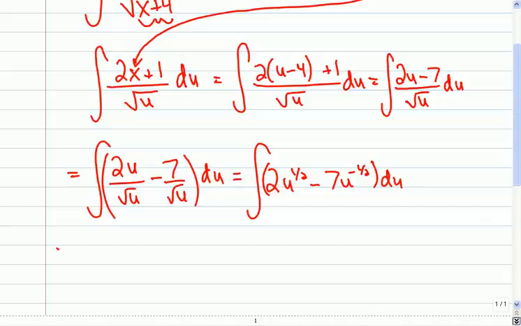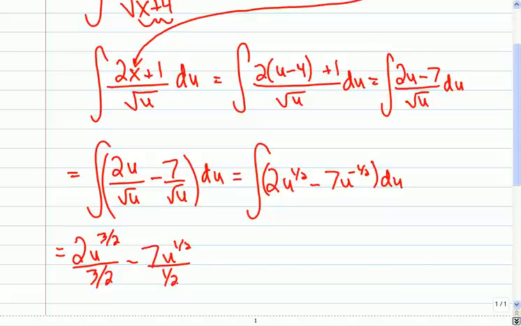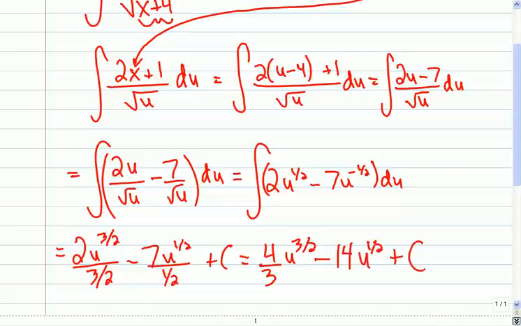So this will be 2u to the 3/2 over 3/2, and I'm going to take away 7u to the 1/2 divided by 1/2. So this will become 4/3 u to the 3/2 minus 14u to the 1/2 plus a constant.